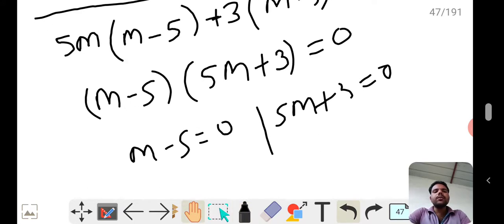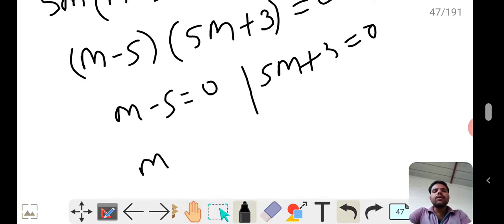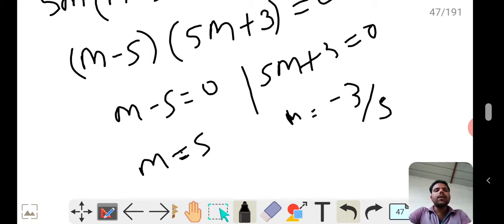So from this we can write m is equal to 5, or m is equal to minus 3 by 5. So this is the solution for our fifth case.